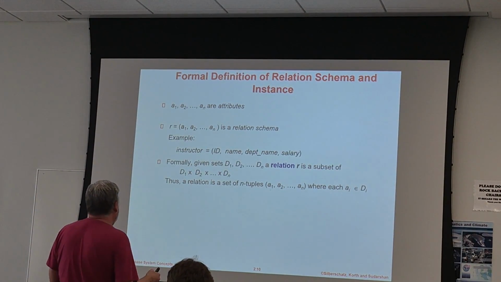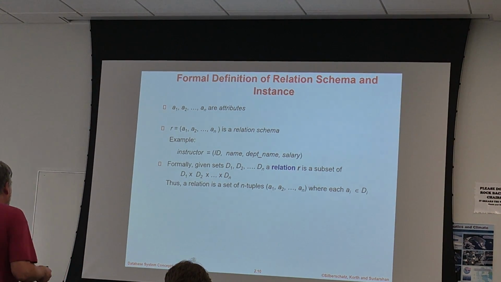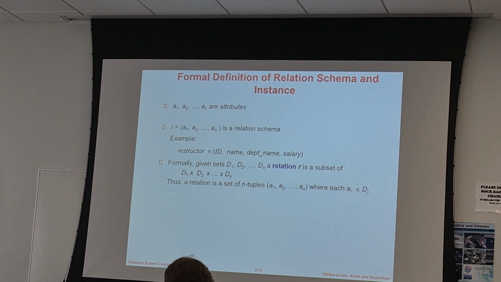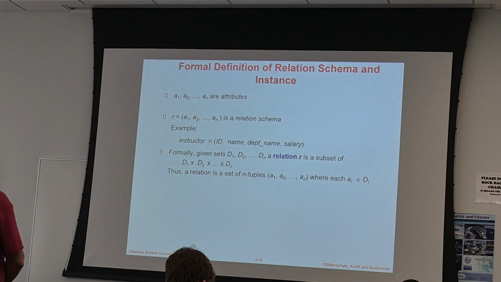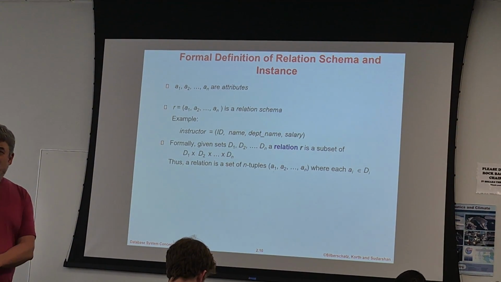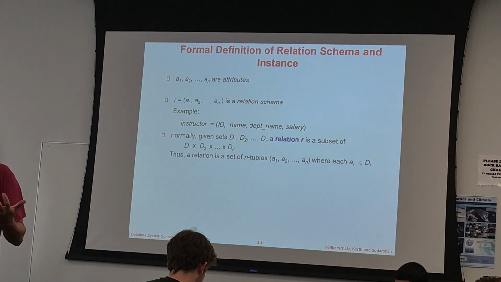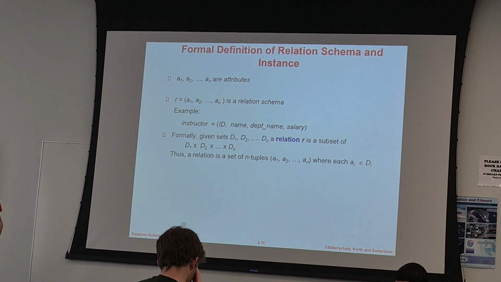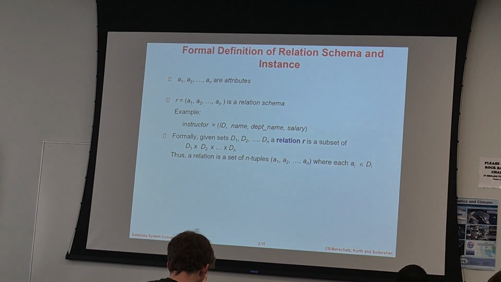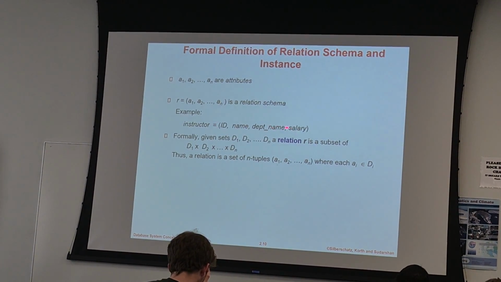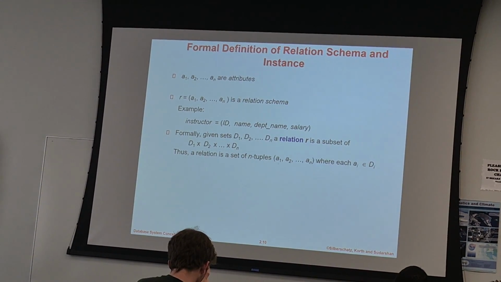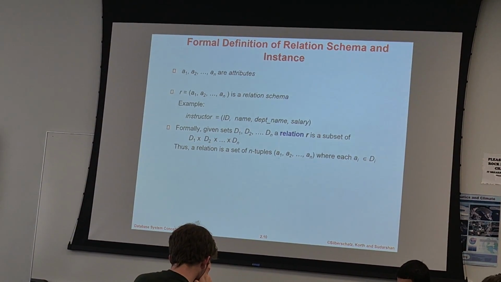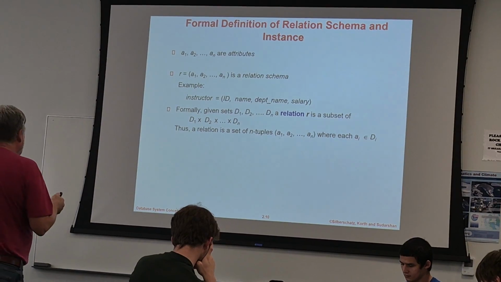Types will have particular domains, so given sets of domain values, what is a relation R? It's a table, right? Any generic table R is composed of a given set of domains for the number of columns that it has.